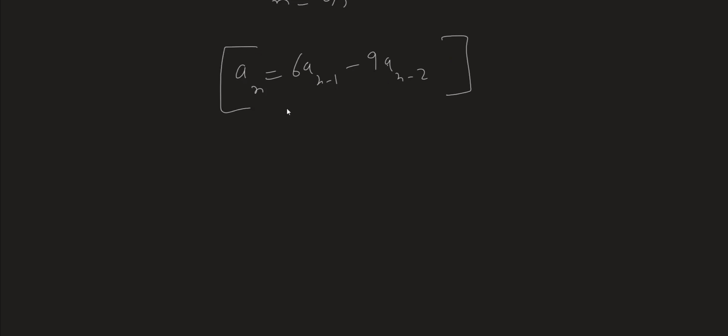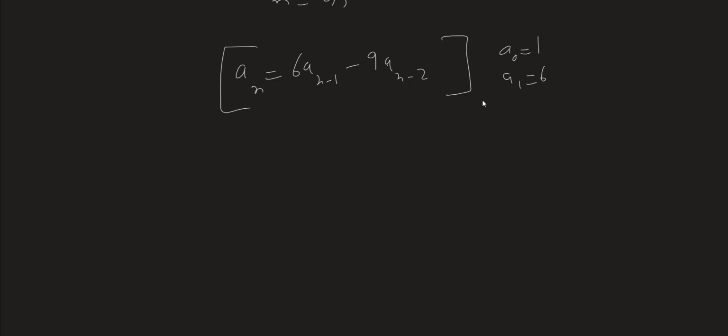So we have to find the solution of an is equal to 6 times an minus 1 minus 9 times an minus 2, and the initial conditions are given: A0 is equal to 1 and A1 is equal to 6.